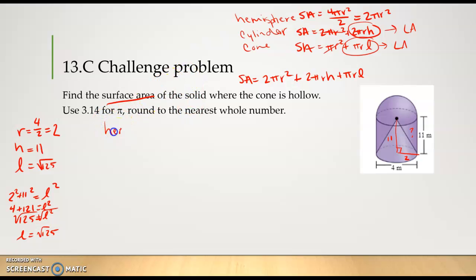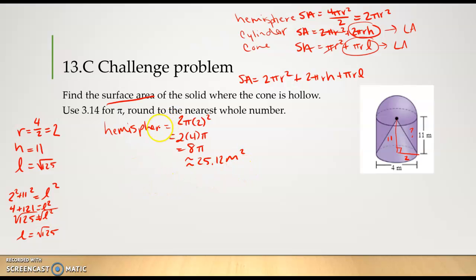So I'm going to start with the hemisphere. I'm going to take 2 times pi times 2 squared, and I'm going to end up with 2 times 4 pi, which is 8 pi, which is approximately 25.12 meters squared.